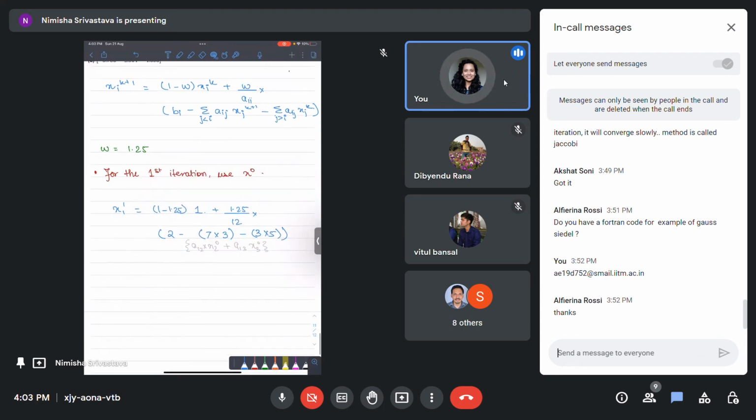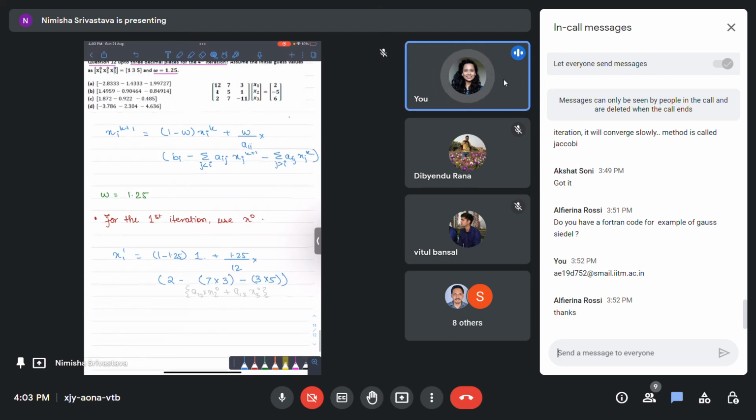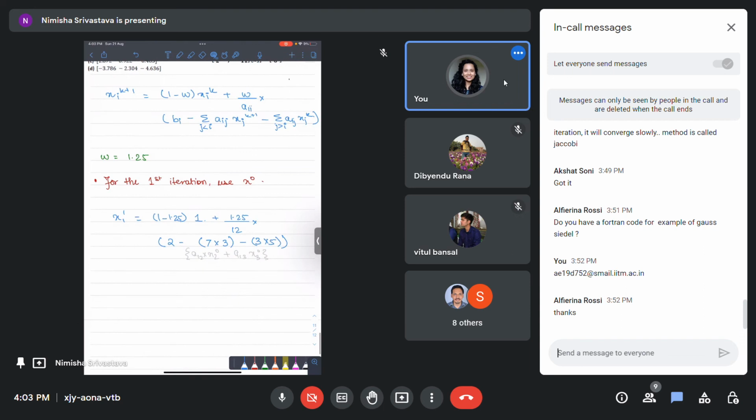So you will get your x1^1 from here. Once you have x1^1, you're going to use the same formula for x2^1. How are you going to do that? You simply look at the formula.